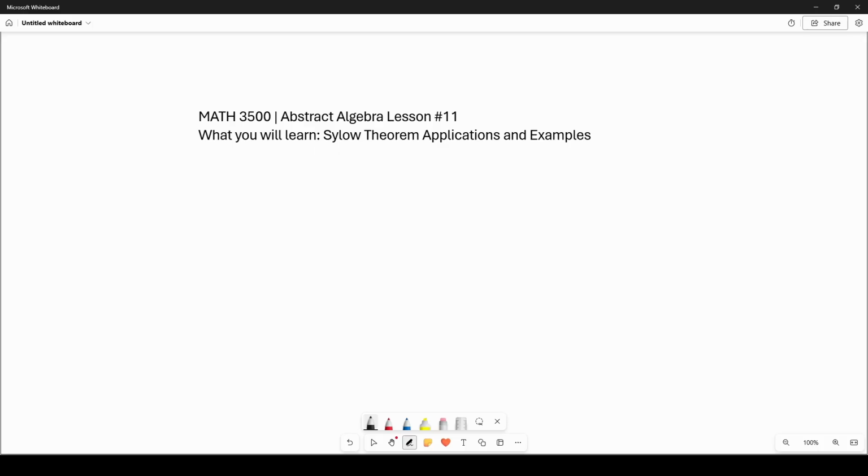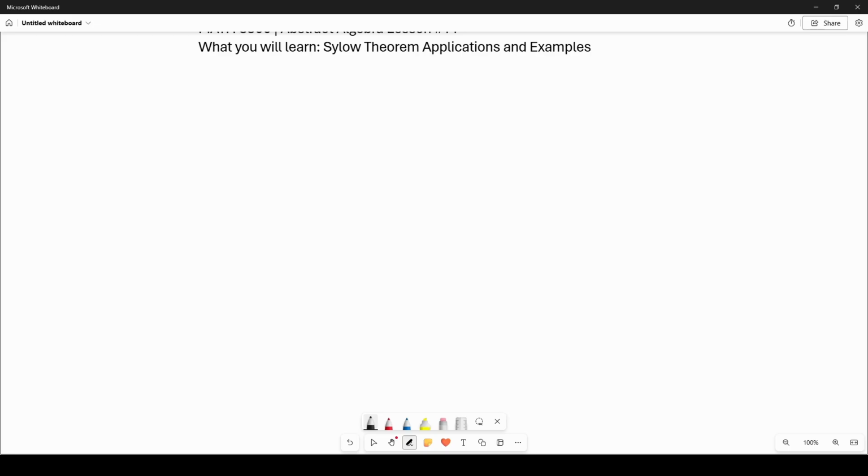Okay, so before we get into the examples, let's just do a quick overview of what the Sylow theorems gave us.